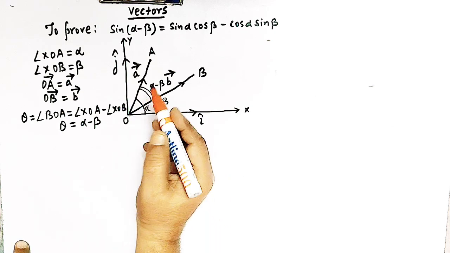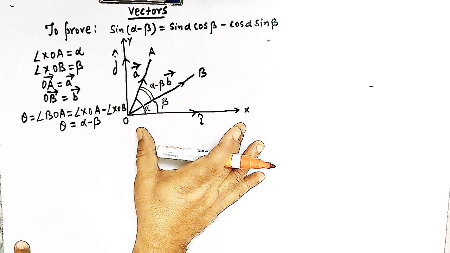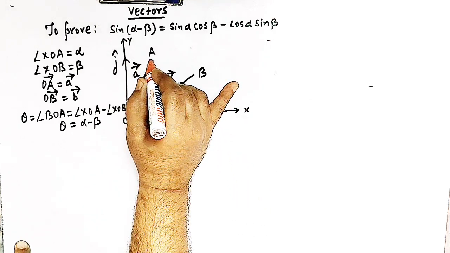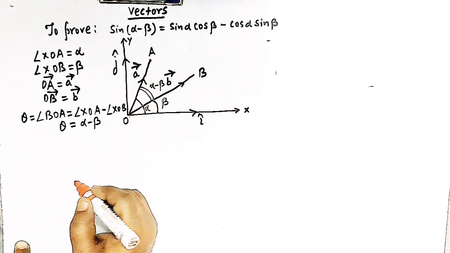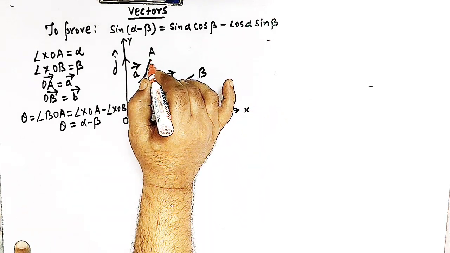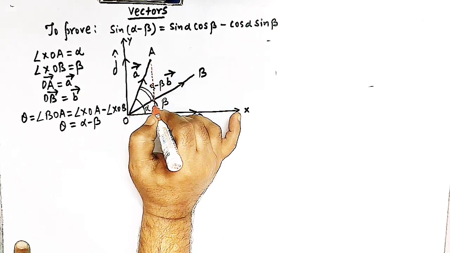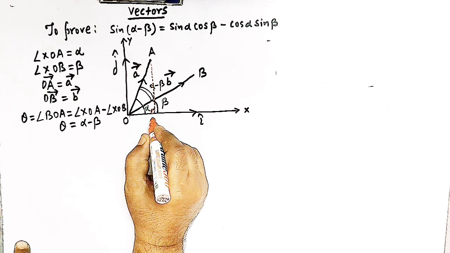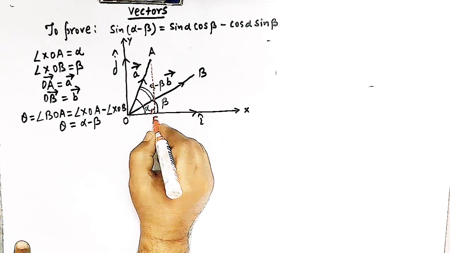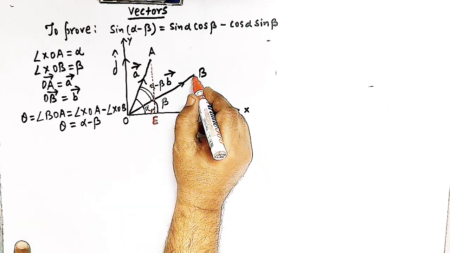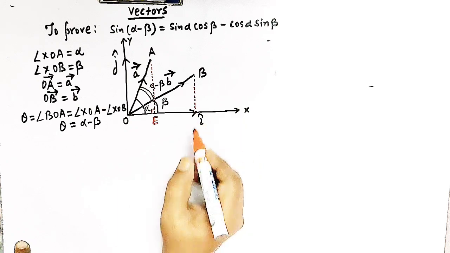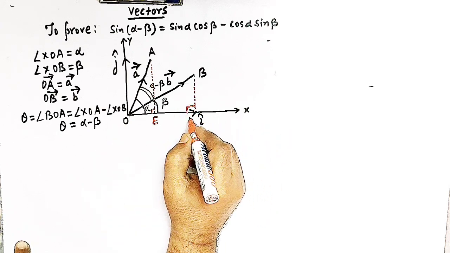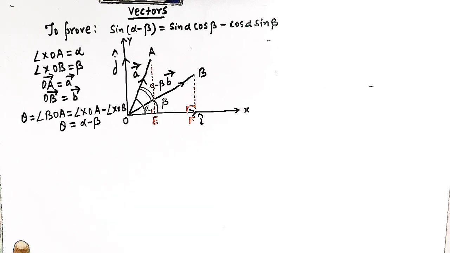So now let us draw perpendiculars to the x-axis from this point A and this point B. So here I will drop a perpendicular to the x-axis, and here we have the point say E, right? And from here we drop a perpendicular to the x-axis, and here we have the point say F, right?